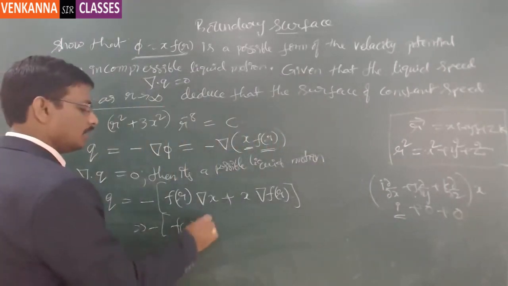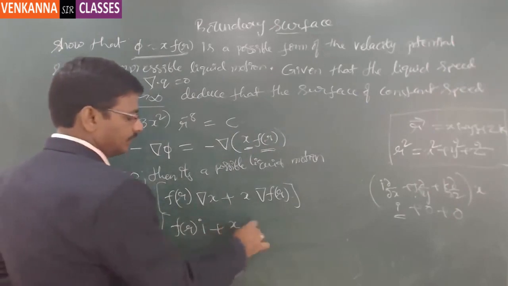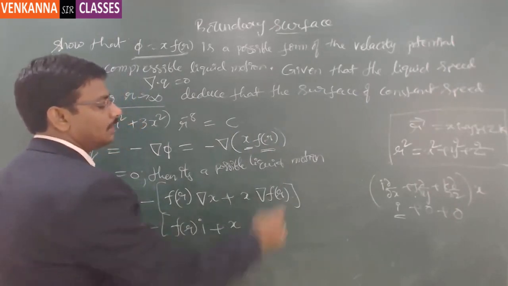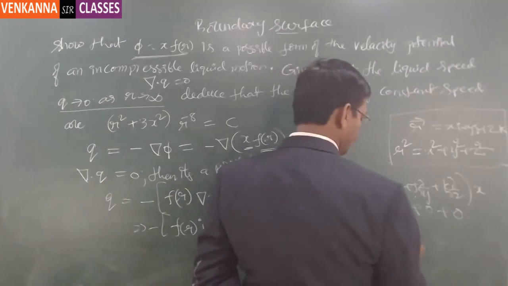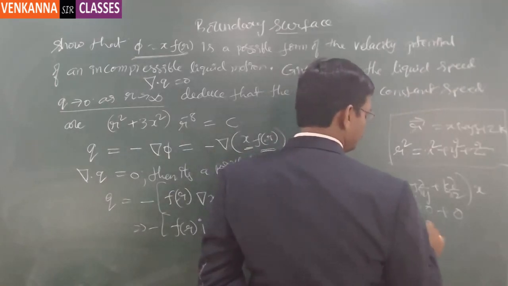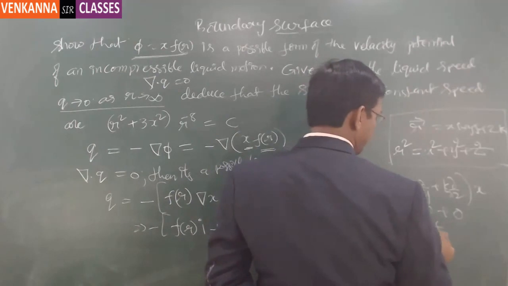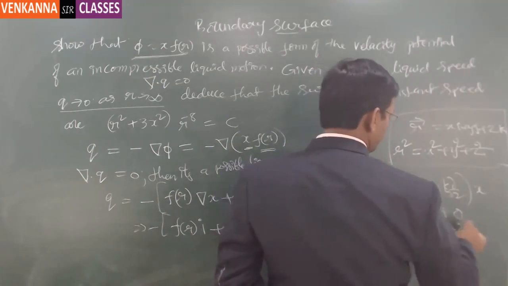So f of r into i plus x into del of f of r. This is i dou f by dou x plus j dou f by dou y plus k dou f by dou z.